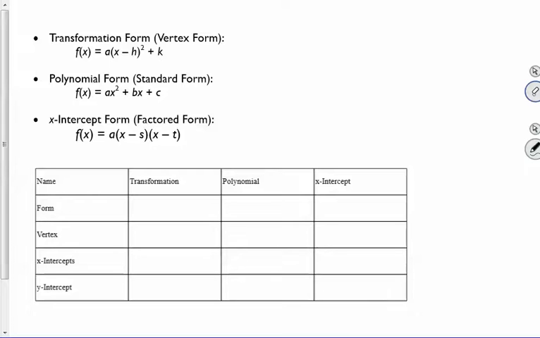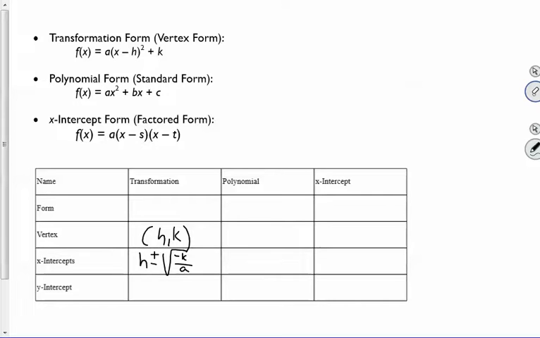So you might want to fill in the blanks here for the three forms. The vertex in transformation form is just h comma k. If you want a shortcut to find the x-intercepts in transformation form without a calculator, it is h plus or minus the square root of negative k over a.